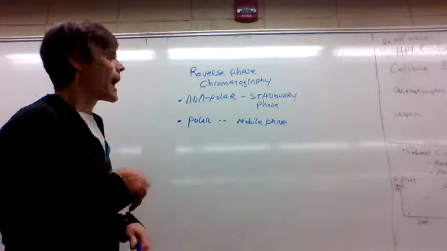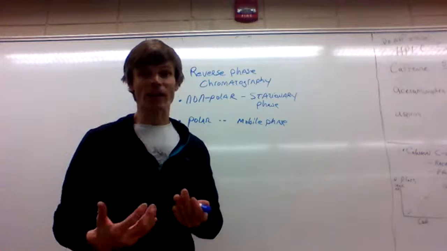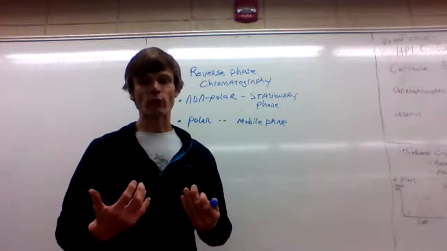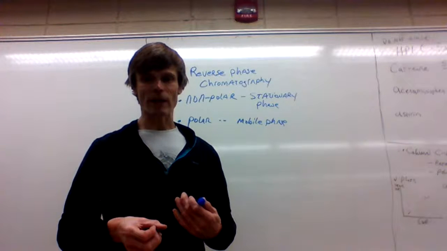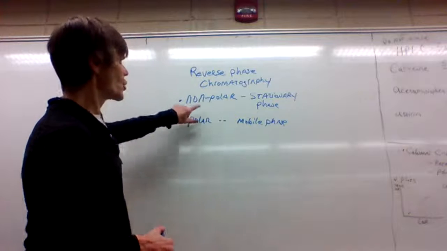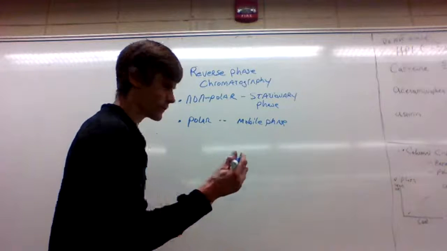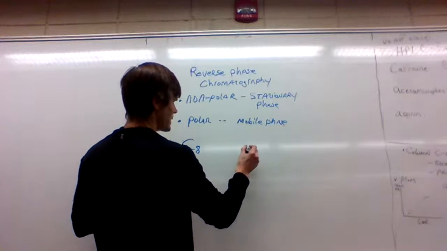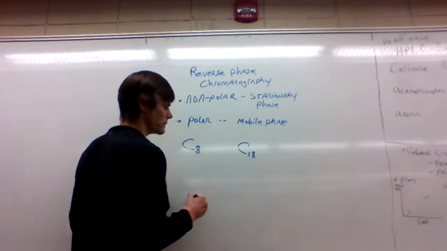Once again, how we functionalize these surfaces, these silicone surfaces, sometimes you'll hear the term, we decorate them. We do some chemistry on them. A common non-polar stationary phase, there's two of them. There's C8 and C18.